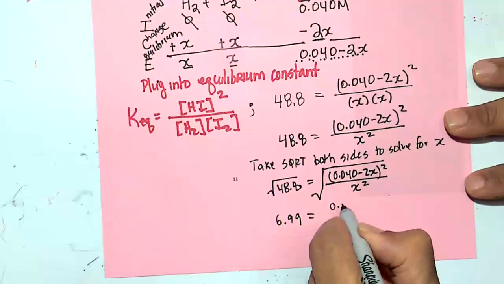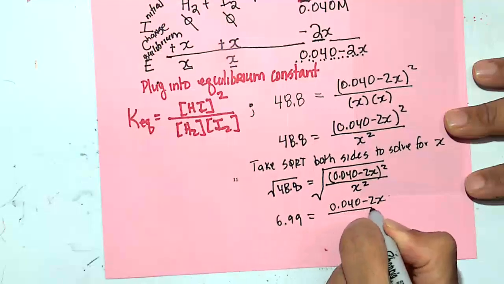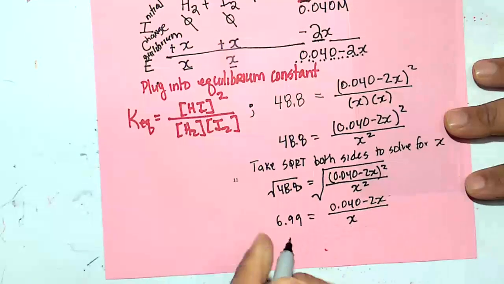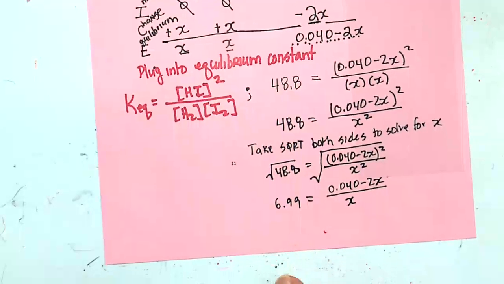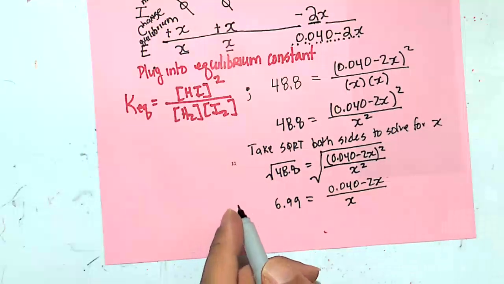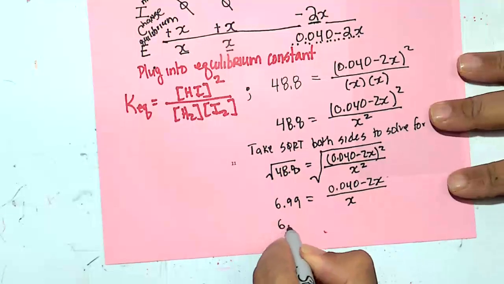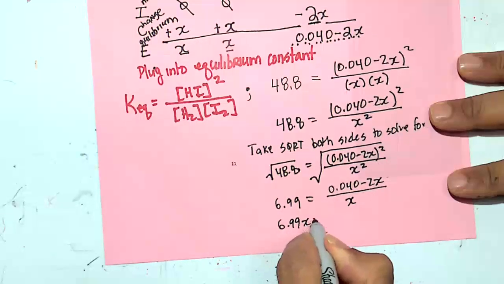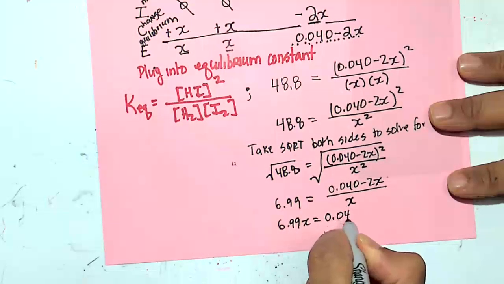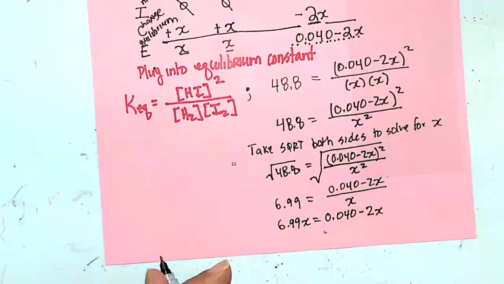The square root of something squared is 0.040 minus 2x. The square root of x squared is just x. Now we should be able, in the last couple of minutes, to solve for x here. So here we have 6.99x equals 0.040 minus 2x.